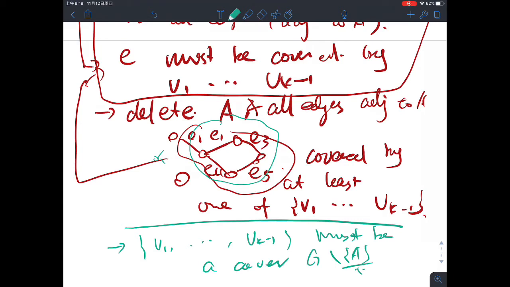This is really just the definition. So then we can conclude that for the remaining graph and the remaining edges, each of the edges can be covered by nodes in S other than A, right? Now that contradicts the output of the oracle.